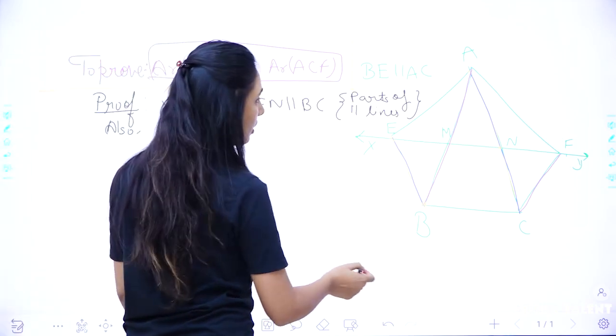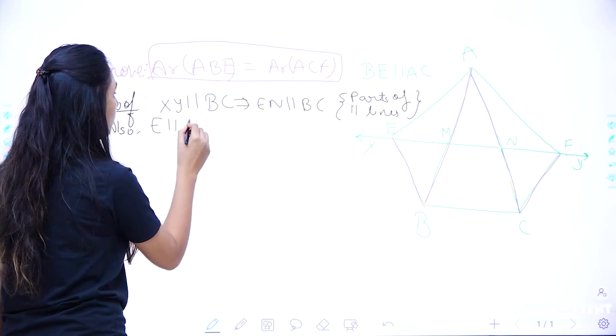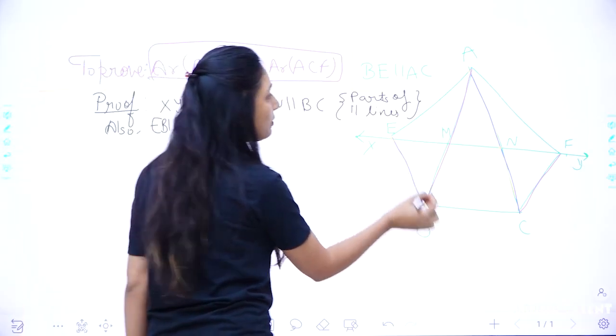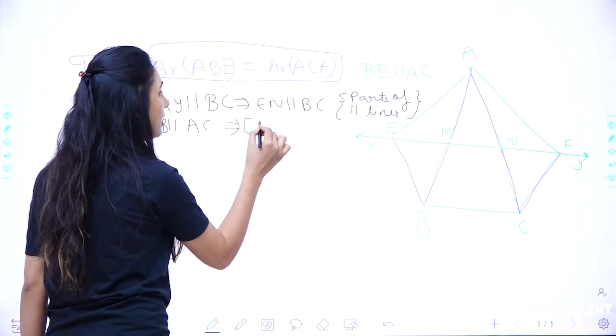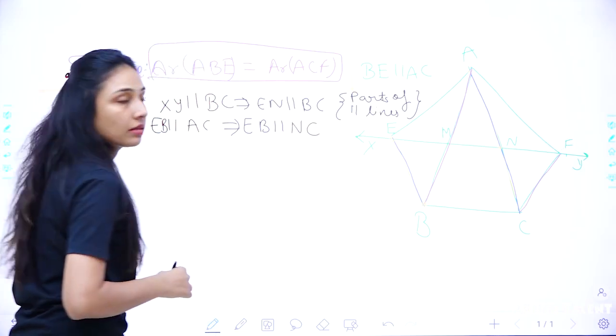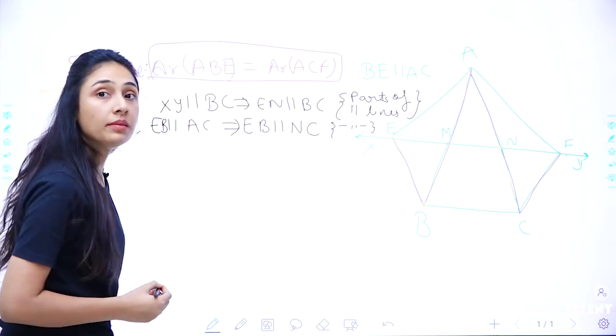Also, it is given to us that EB is parallel to AC. This implies that if EB is parallel to AC, that means EB is also parallel to NC. EB is parallel to NC. Again, the same thing here. Parts of parallel lines are equal to each other.